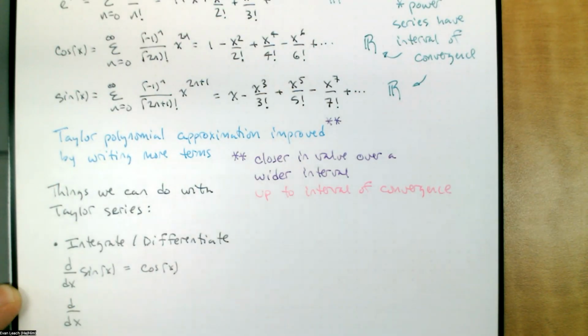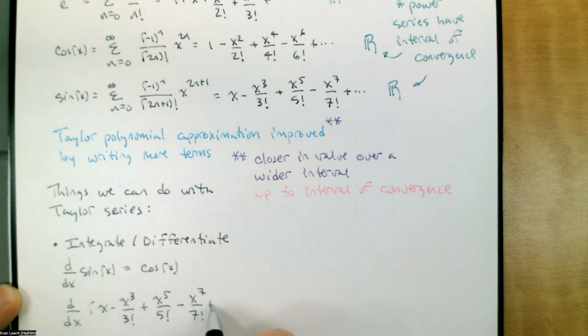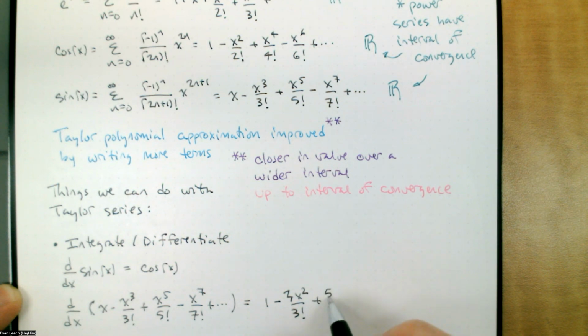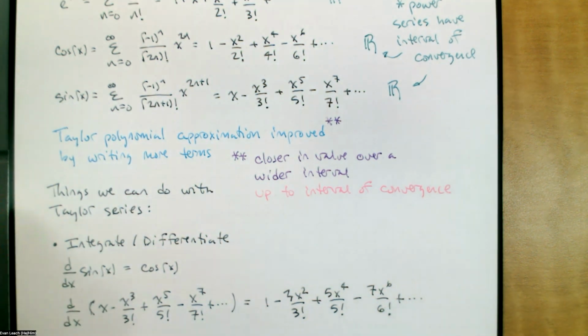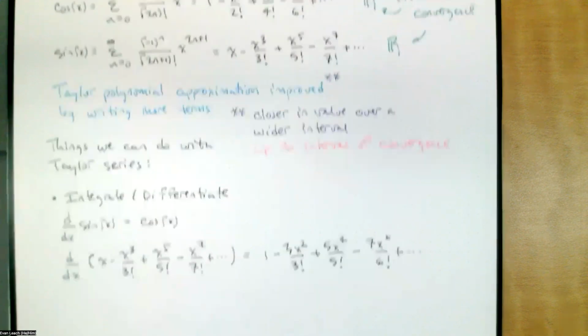And that's what happens. So we know that the derivative of sine is cosine.